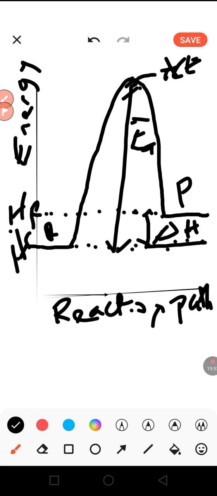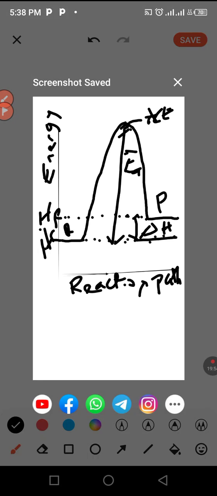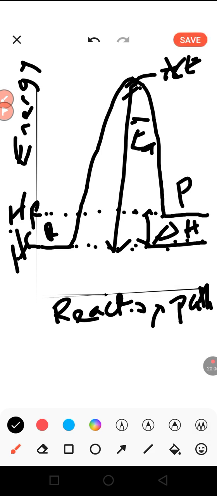Now, a catalyst does affect the rate of a reaction. And how exactly does it affect the rate of a reaction? It does that by lowering the activation energy.